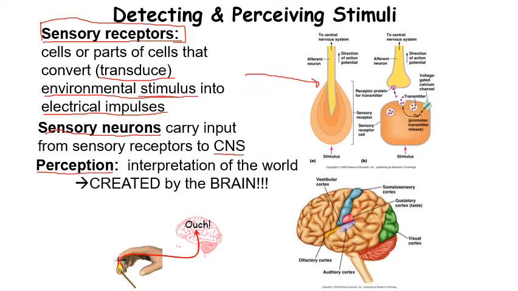So if we're looking out and a bright light flashes in front of us, the sensory receptor is going to take that light, transduce it to an electrical impulse. Then those impulses are going to be sent up via the sensory neurons, and then the brain gets that information.